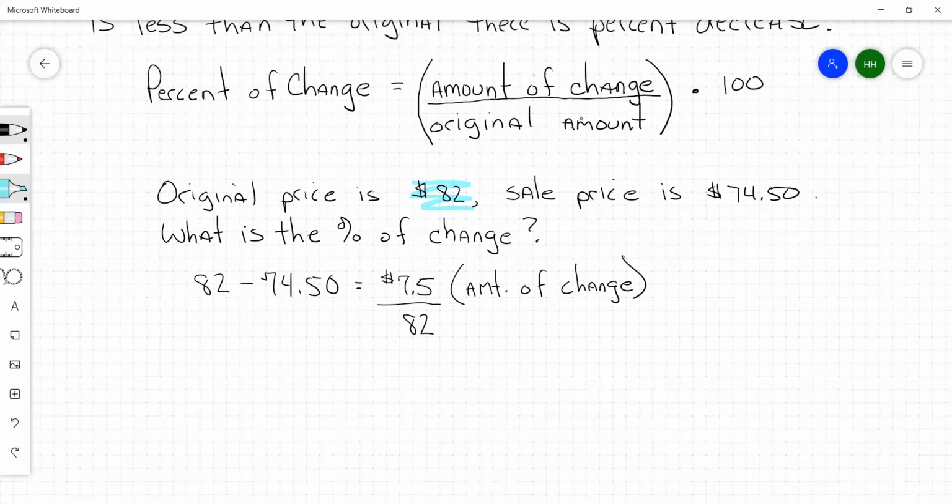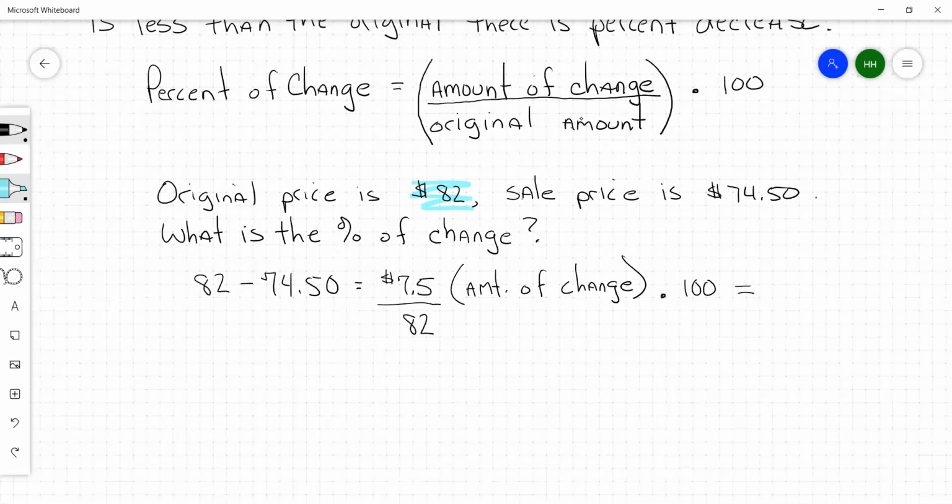Then you're going to multiply that by 100, or you guys can just push the percent button on your calculator. Maybe you don't have one. Just push times 100. So if we take 7.5 divided by 82, push equals, you get 0.09.